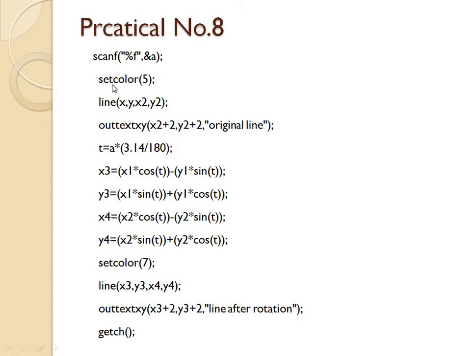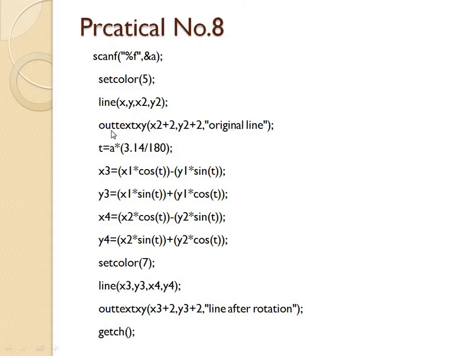Here we use the setcolor function. By using setcolor we set the color for the original line, the color number is 5. Then we display the line in our output, line x1 y1 to x2 y2, where the first is x1, y1 and the ending coordinates are x2, y2.